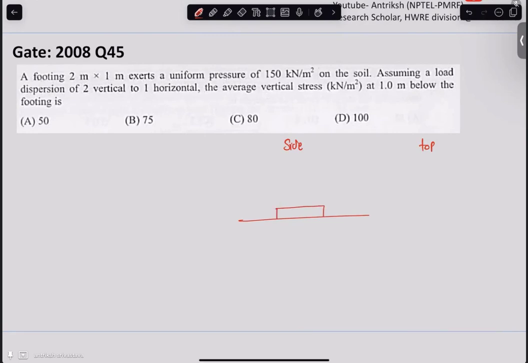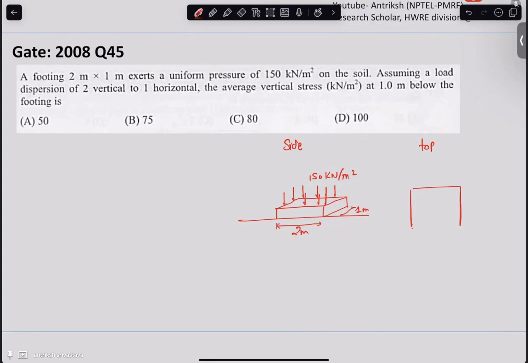Let's say this is 2 meter and this is your 1 meter, and it is said that a uniform pressure of 150 kilonewton per meter square is applied by this footing on the soil.